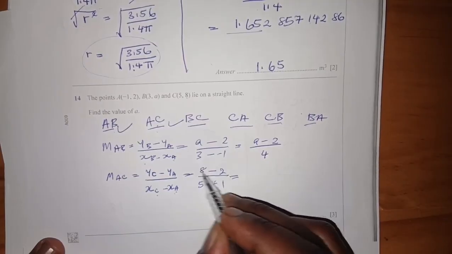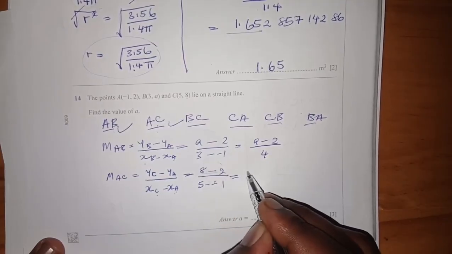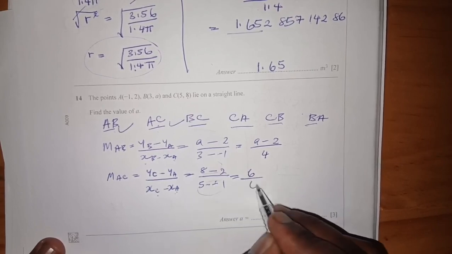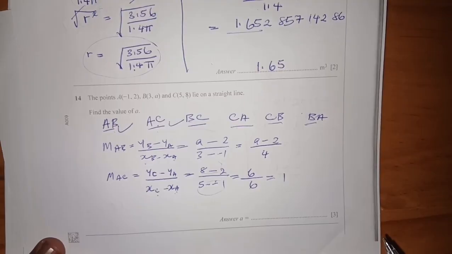So this is giving me 8 minus 2, which is 6, over 5 minus -1, which is still 6. So this is equal to 1.